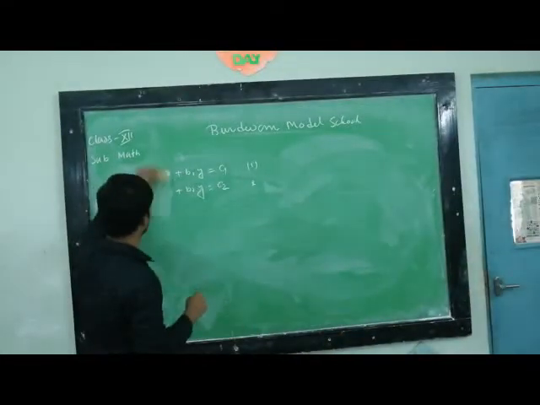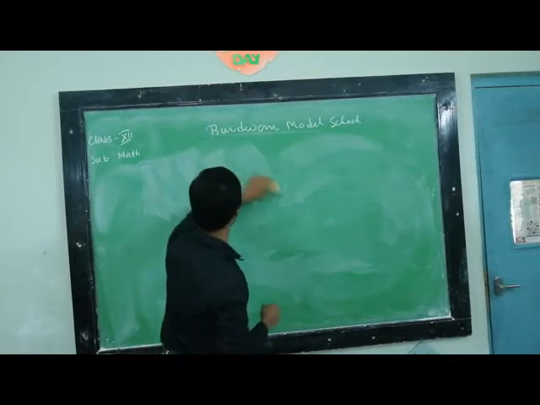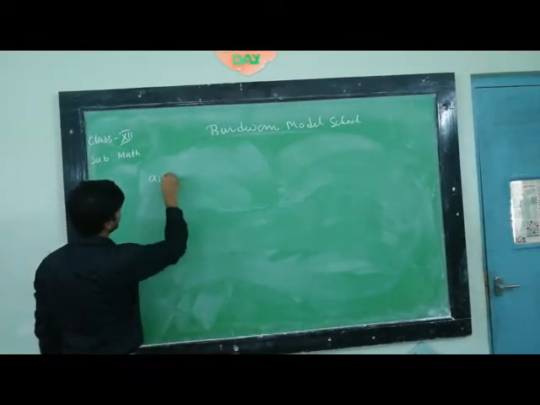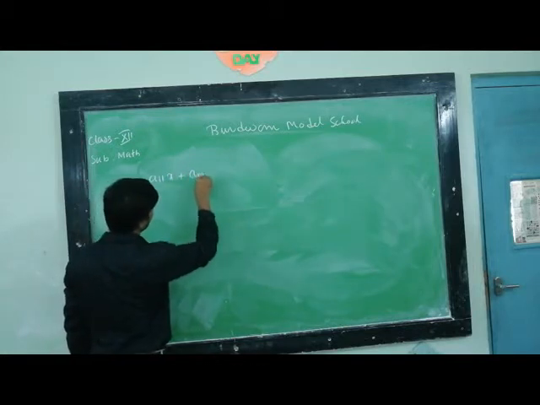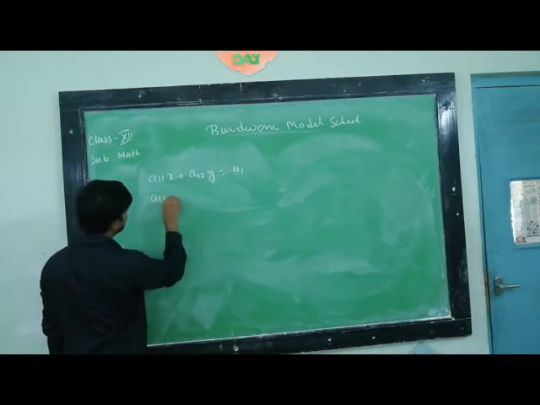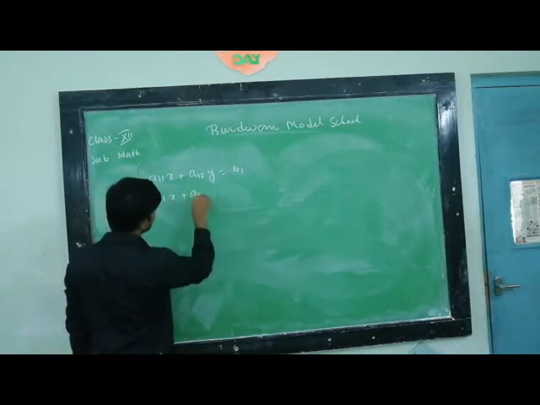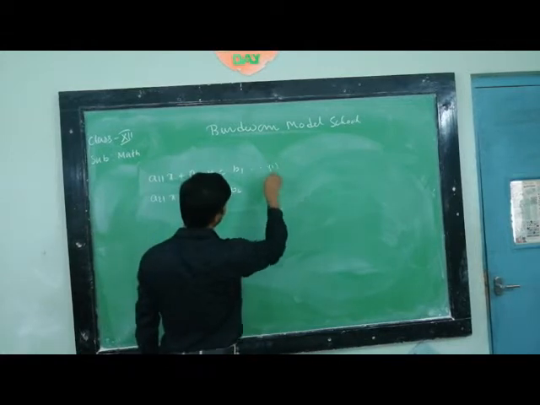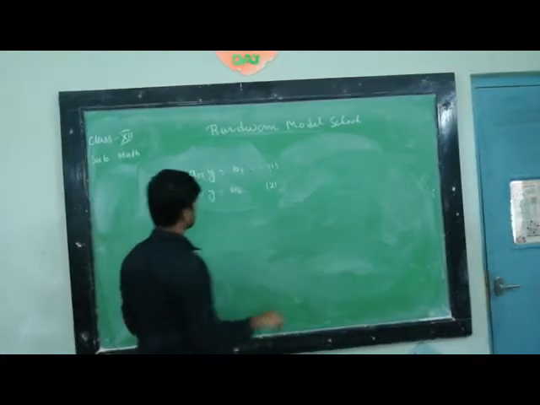Let's change the equations and use the normal notation: a11x + a12y = b1 and a21x + a22y = b2. This is our equation number 1 and this is our equation number 2.